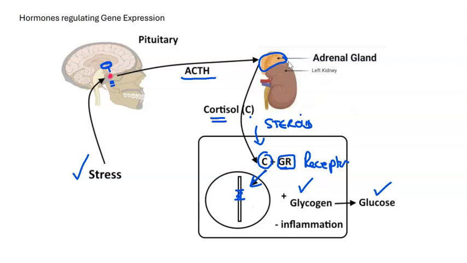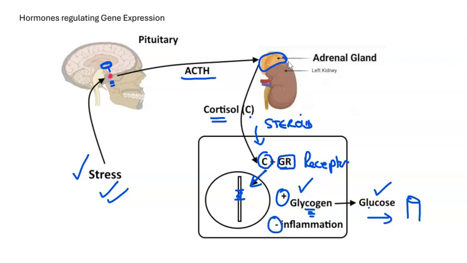So enzymes are produced that break down the insoluble polymer glycogen and produce glucose, and the glucose is dumped into the bloodstream as a response to the stress, no doubt to provide energy molecules for respiration in different parts of the body.